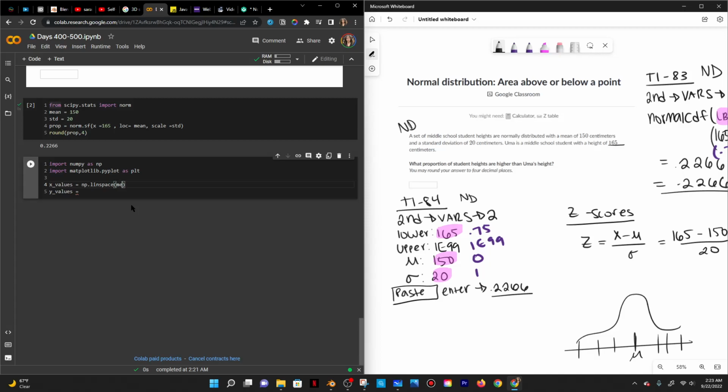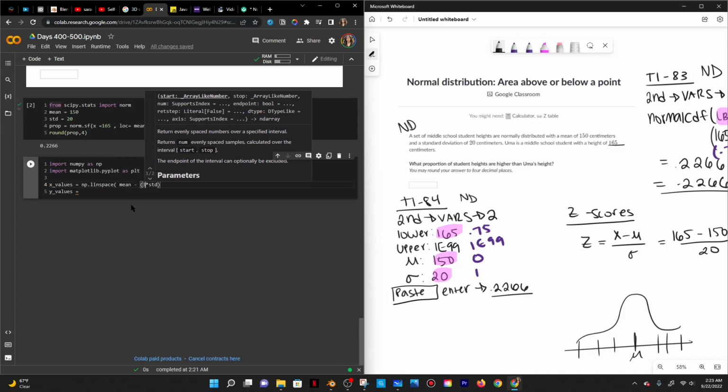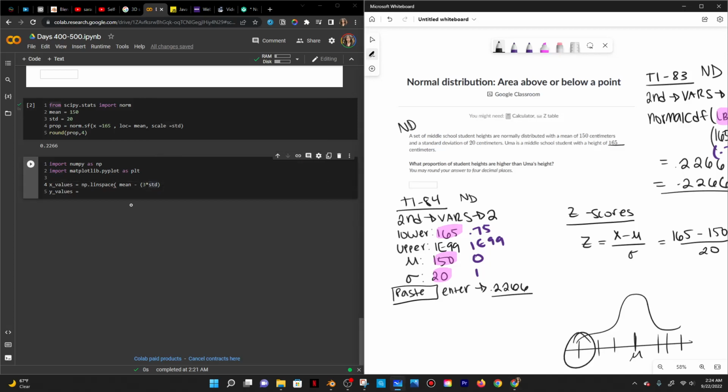So I would say 3 times the standard deviation, and then I would subtract that from the mean. So I want my starting point to be 3 times the standard deviation away from the mean to the left, which is why there is a subtraction sign.